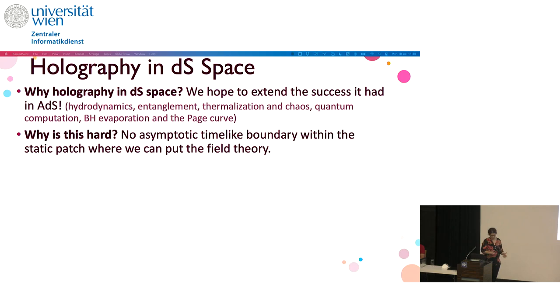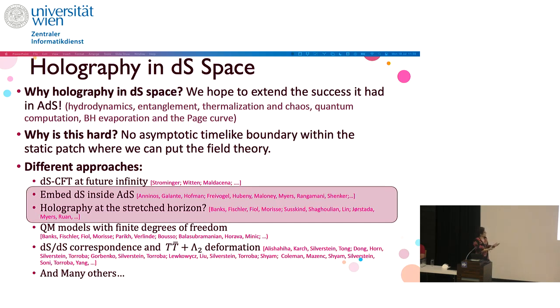But despite this difficulty, different approaches were put together to try and do holography in de Sitter space. I think the most famous one is the idea of placing some sort of Euclidean CFT at future infinity and studying its correlators. Of course, this approach has some problems, in particular that there is no time direction over there and that future infinity is not accessible to the observer in the static patch.